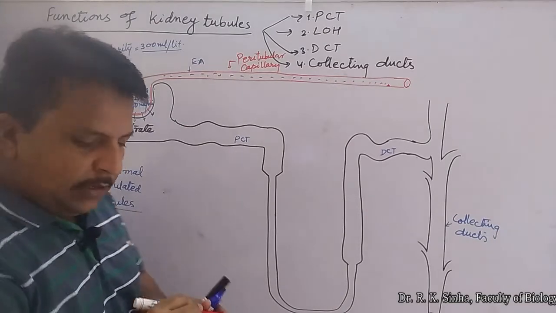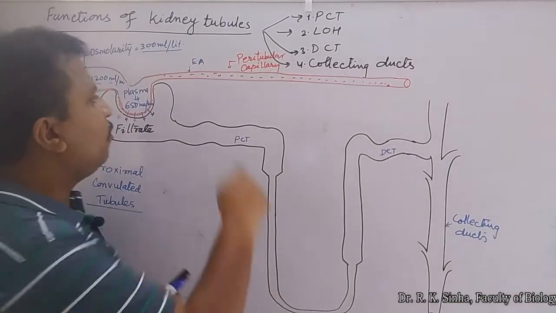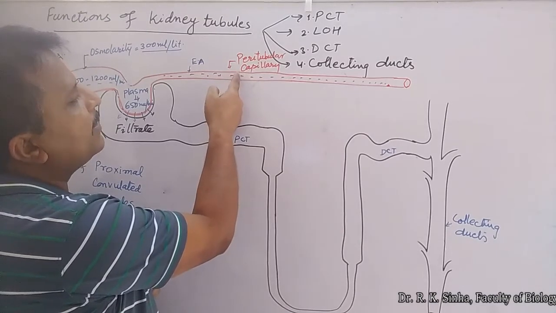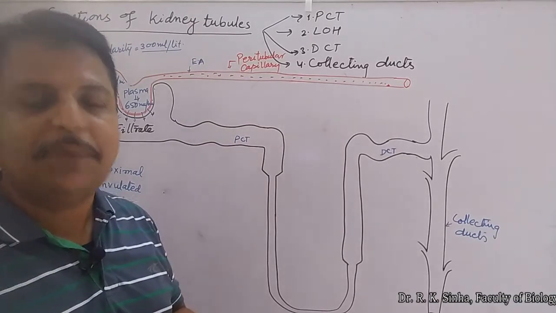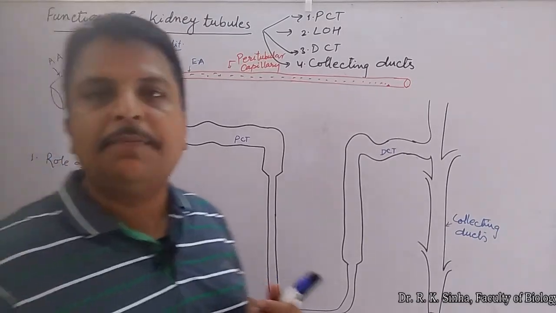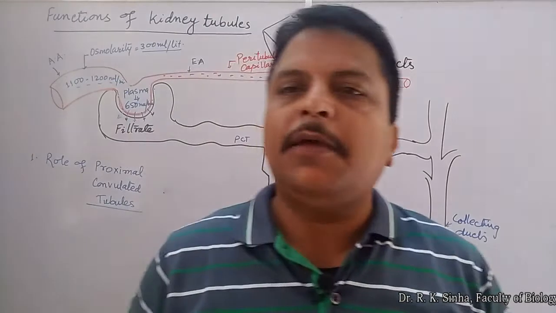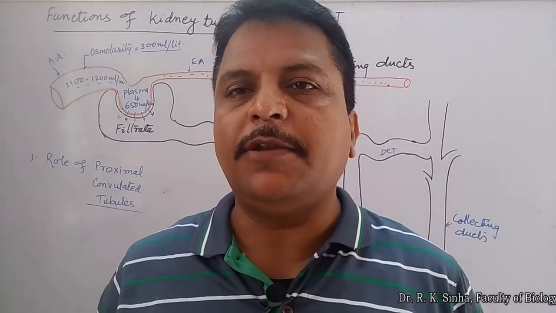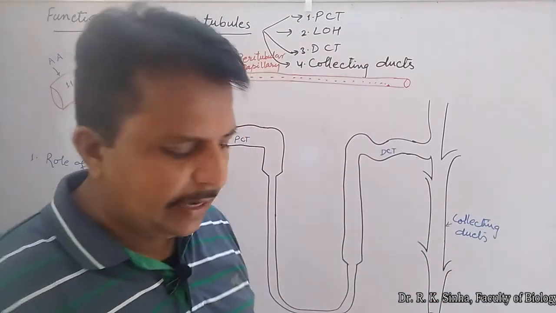So the role of this PCT is to maintain the osmolarity of the peritubular capillaries, the blood present in the peritubular capillaries. The osmolarity and pH of the body fluid, meaning blood, how will it be maintained?